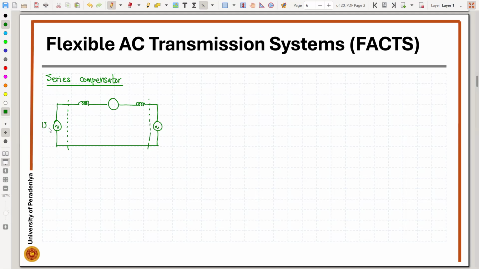So this is the sending end Vs, and we have the receiving end Vr. Here I am again assuming that the line is split into two halves, and we have the compensator here.